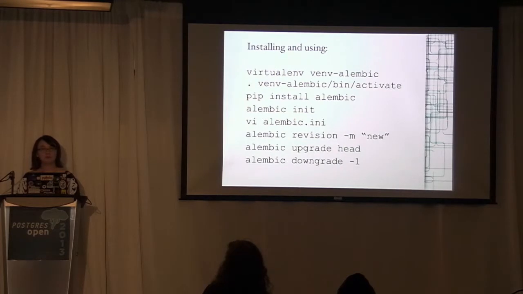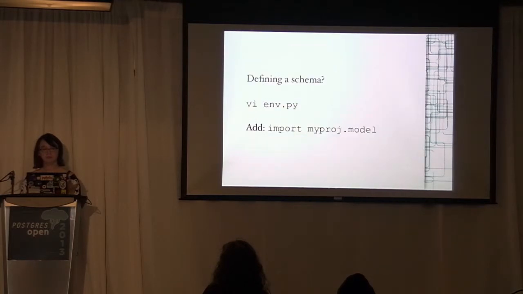Oftentimes what people will do is they will run Alembic init inside of their larger code base, and that's what we did. So now inside of the Socorro code, there's an Alembic directory, and it's got all that stuff in there. When you do that, you get an alembic.ini. You need to edit some config, and then you can start running the individual commands for creating a revision, upgrading, downgrading. And it's pretty simple other than that.